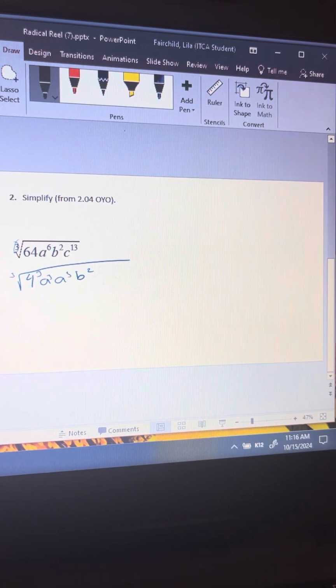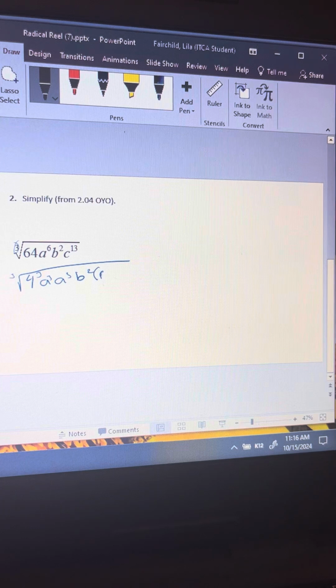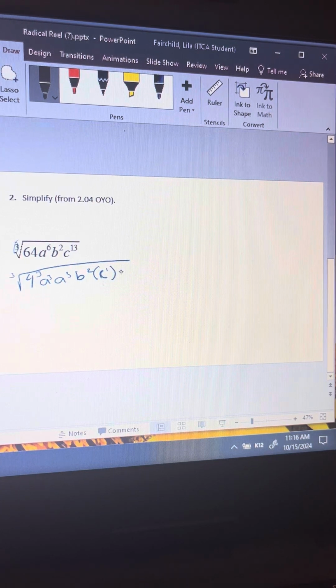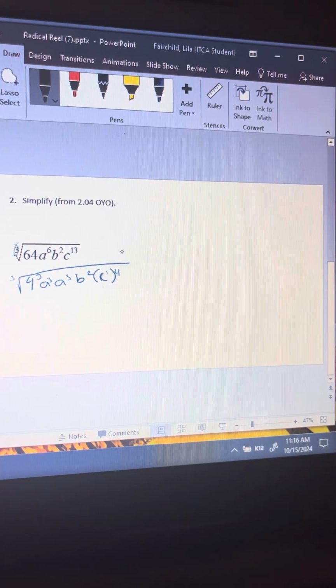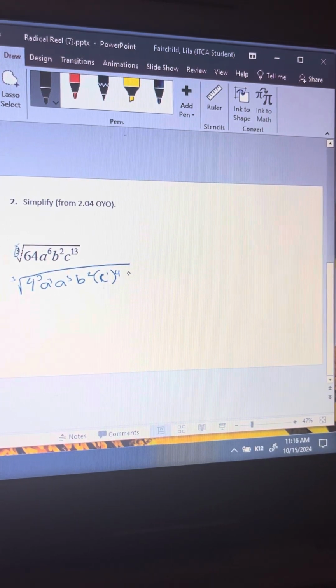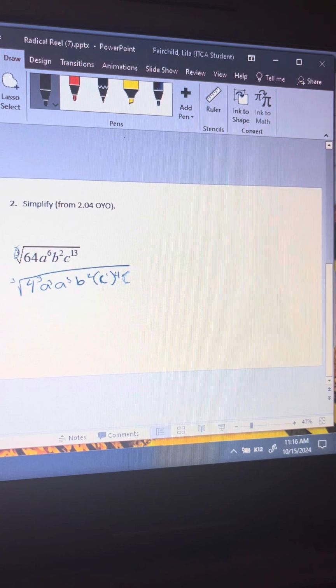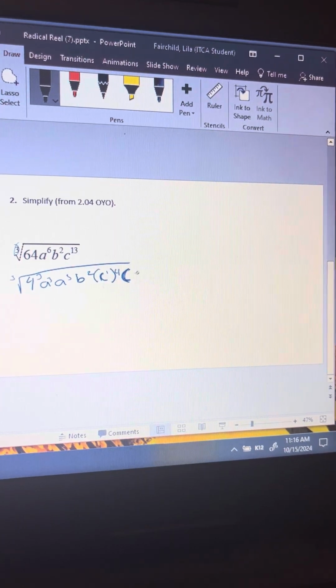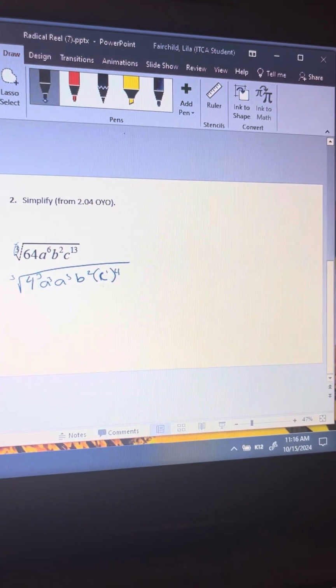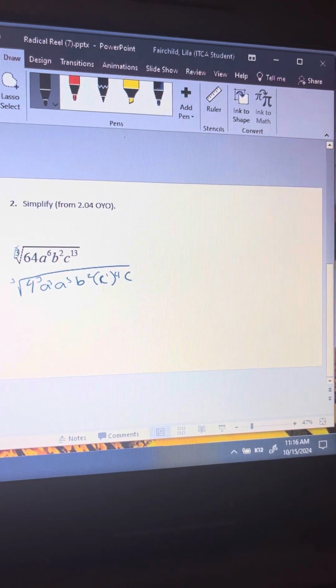You would go like this, and then put c and then a 1, and next to it put it in parentheses, and on the side put the 4, and then put another c, because it can't just go in 4 times, there's still that extra.